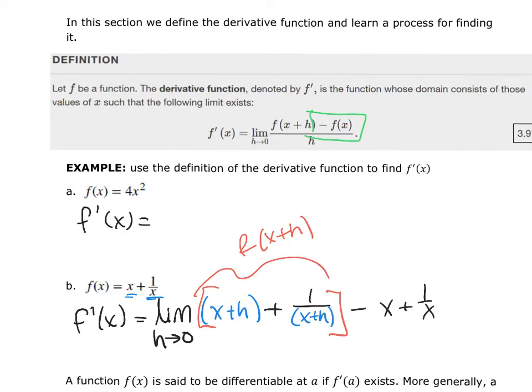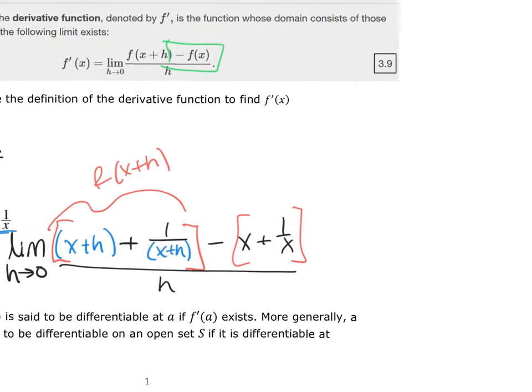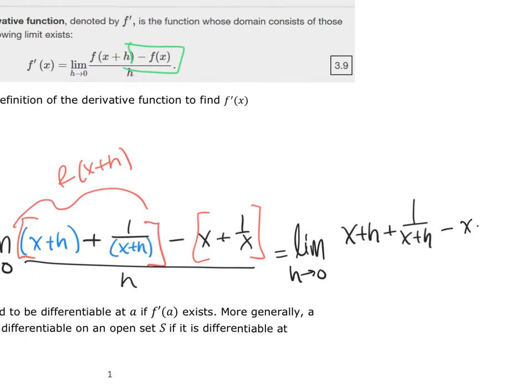Make sure you put that in parentheses, because you've got to make sure that you pull that negative through. And this thing is all over h. Okay, are there any questions so far? All right. So what I have is equal to the limit as h approaches 0 of x plus h plus 1 over x plus h minus x minus 1 over x, all over h.